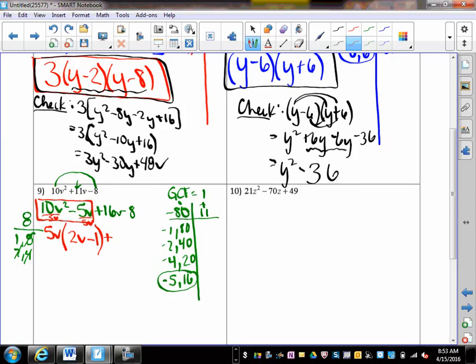Other questions so far? So my next box, what can I factor out of here? All 8. Good. And I have left 2b minus 1.